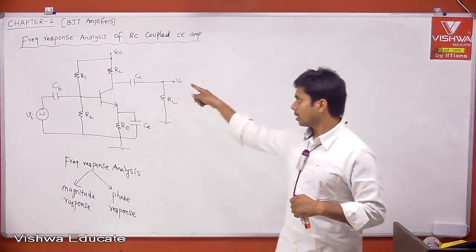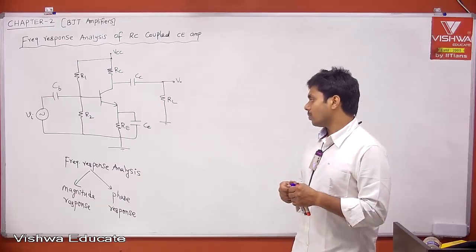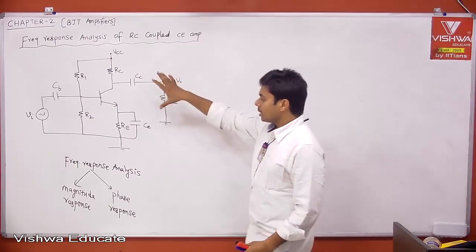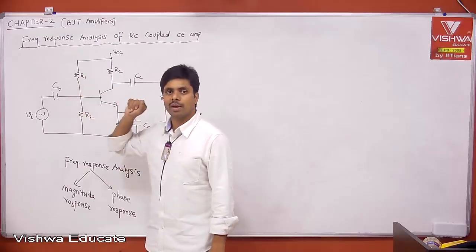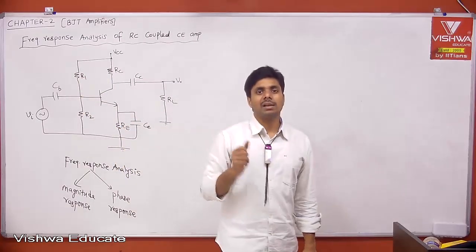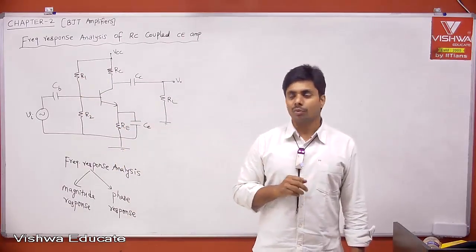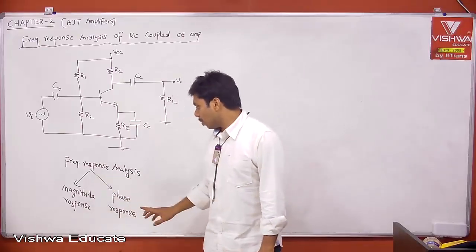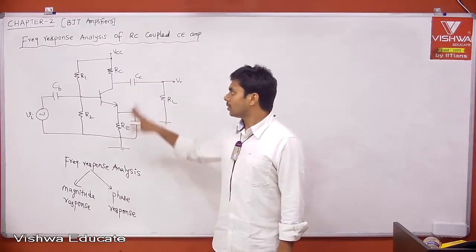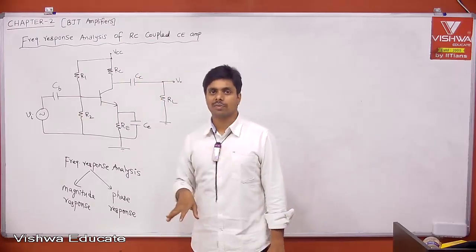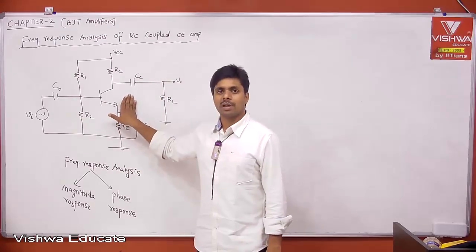First of all, take the circuit and then ask what is frequency response analysis. Before getting the magnitude response of your RC coupled CE amplifier, for a practical circuit or system, what should be the magnitude response, what should be the phase response? Let me explain, then we'll go to the frequency response of your RC coupled CE amplifier. Qualitatively I'll explain.